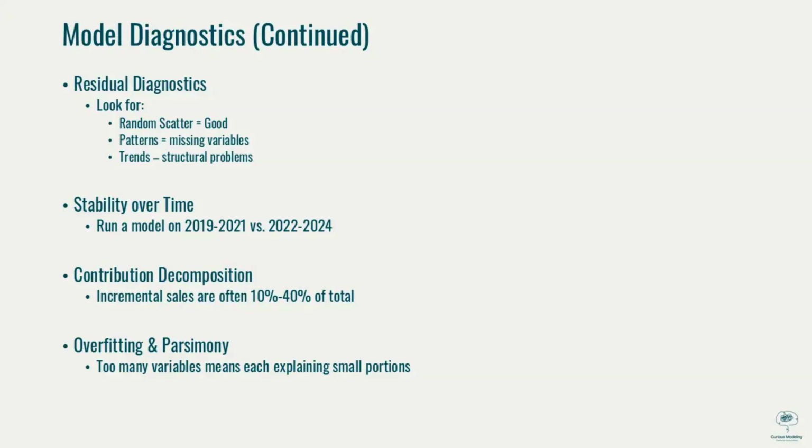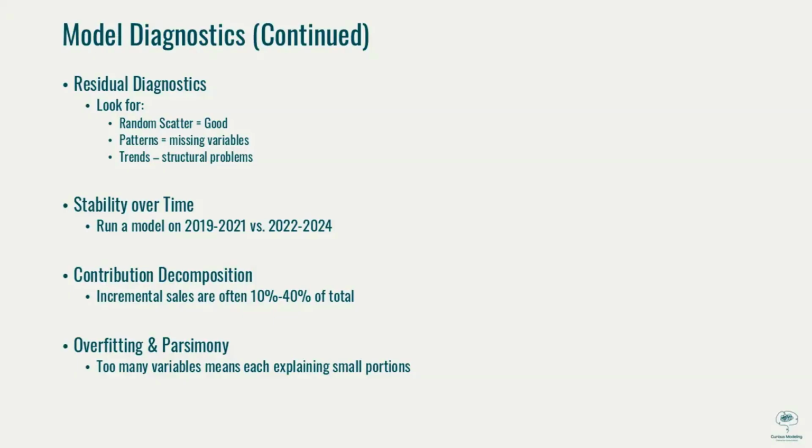And then some fixes we might use, like a regularization model, like a ridge or a lasso regression, and then channel grouping. So we might lump digital display and video together if we have the domain knowledge and understanding that we are able to do that. Multicollinearity is like trying to figure out which twin ate the cookies when they both have crumbs on their face. The model struggles to tell them apart. If you want to check out a further video on collinearity diagnostics and how to diagnose those in a model appropriately, you can check this one out here.